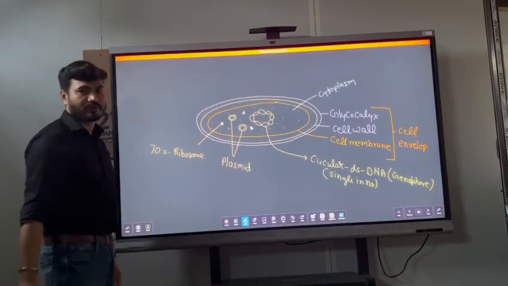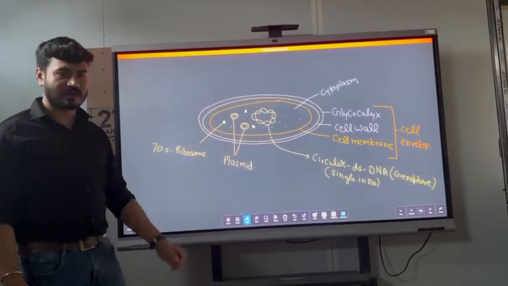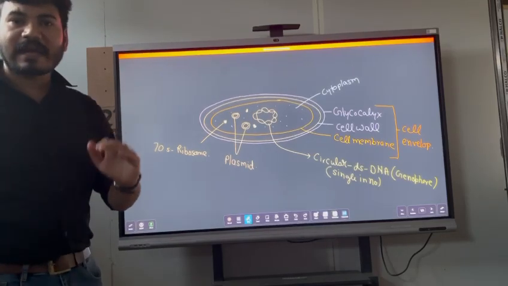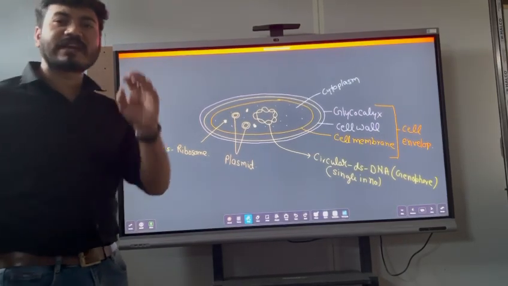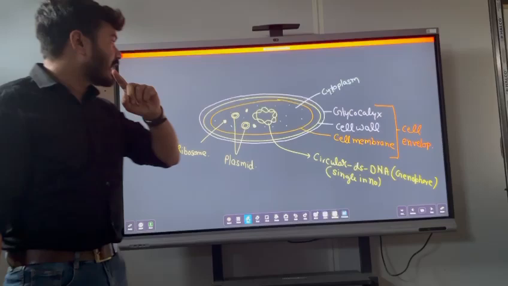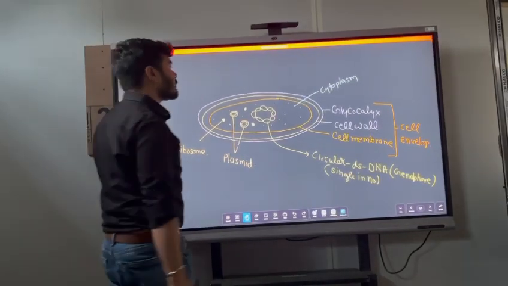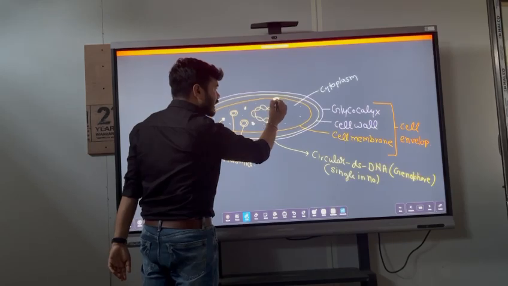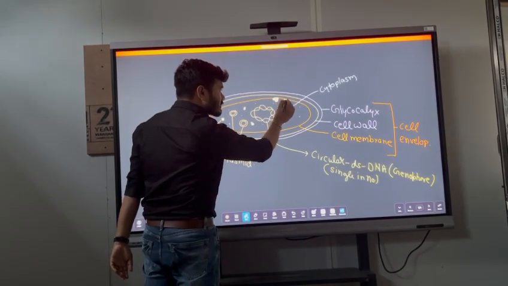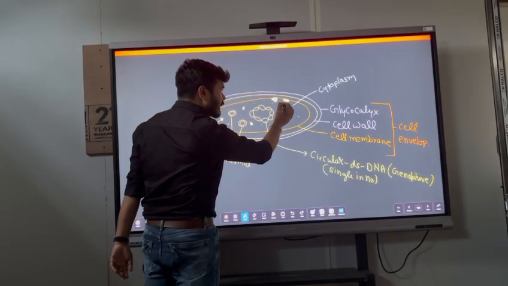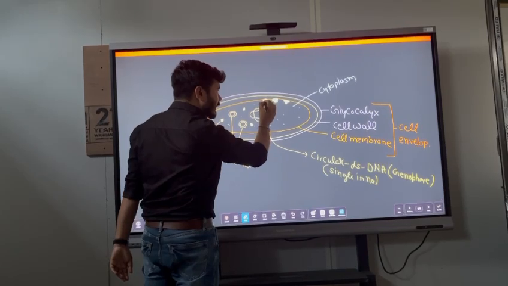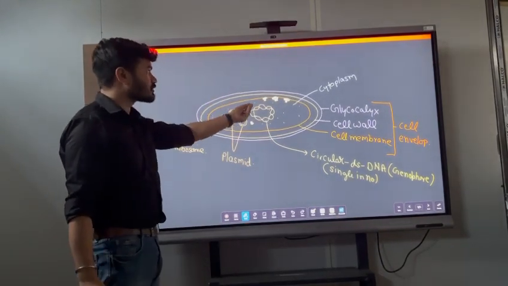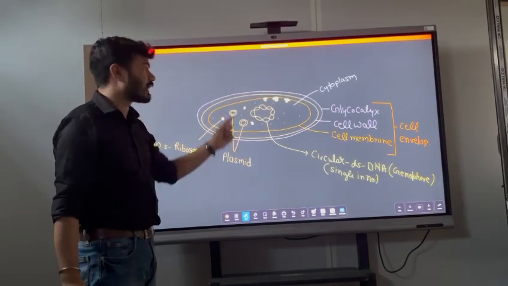As you know, in the NCERT, the book written by God, it is very clearly mentioned that the ribosomes are attached with the cell membrane in a prokaryotic cell, like this.